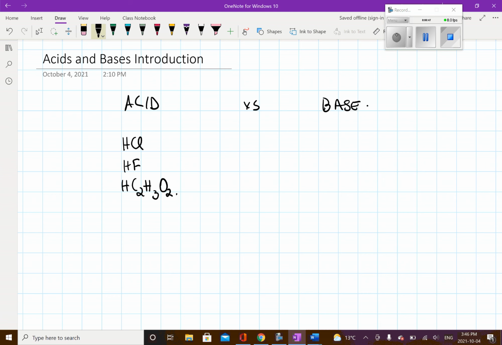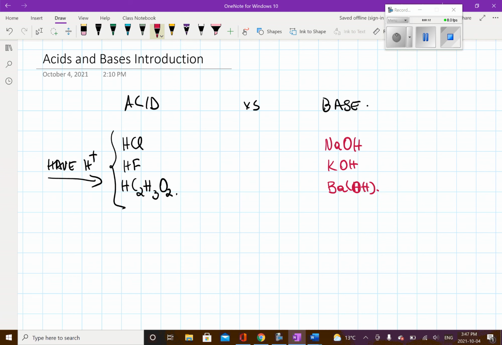They all have in common that they have hydrogen plus. And when we take a look at bases, they all have the hydroxide. So sodium hydroxide, potassium hydroxide, barium hydroxide, they are all bases.